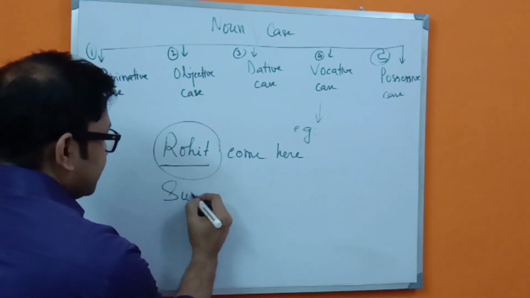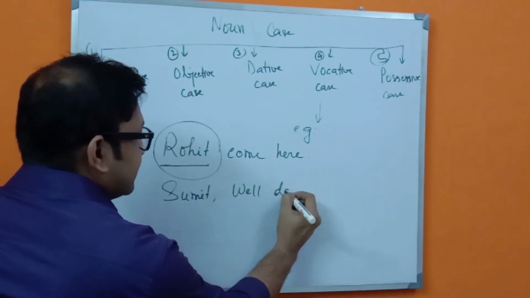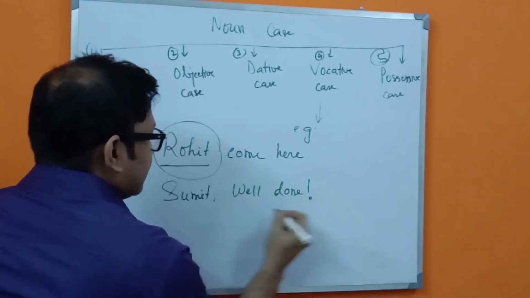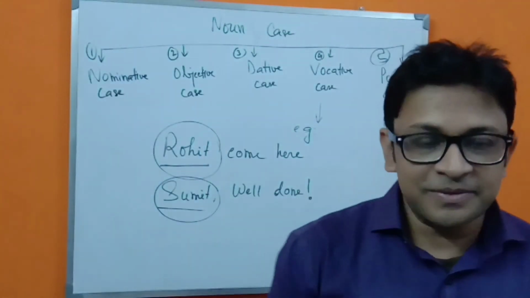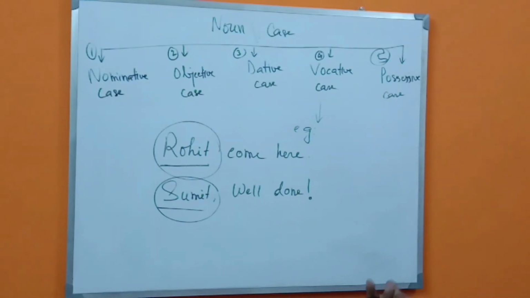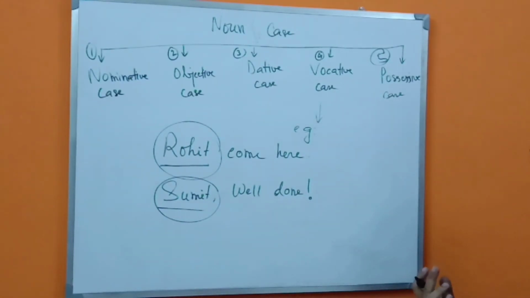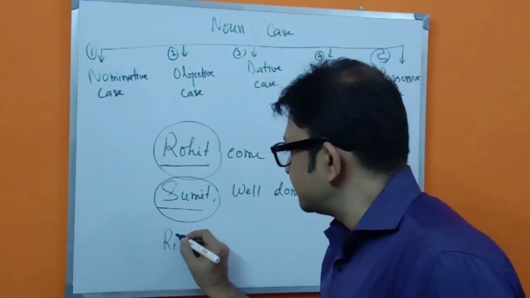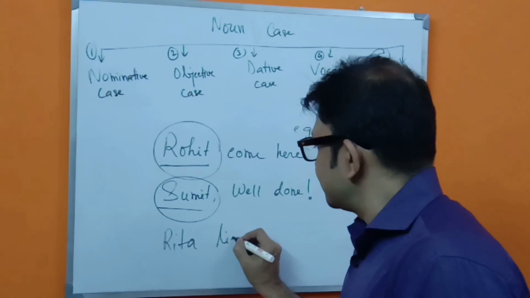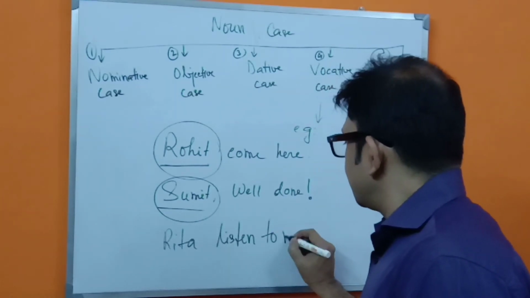Sumit, well done. So here Sumit is our vocative case. Many examples will be like this. Suppose if I say, Rita, listen to me.